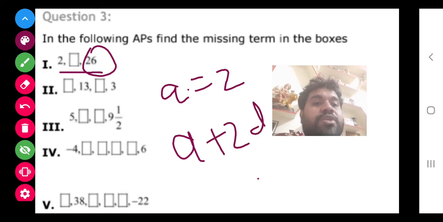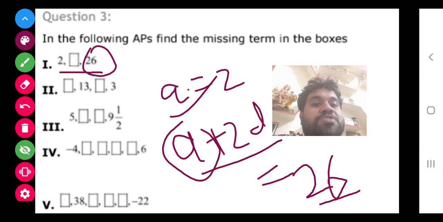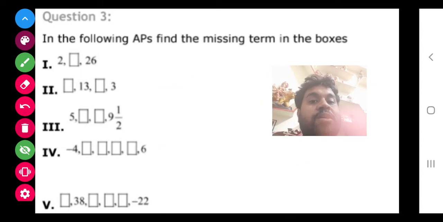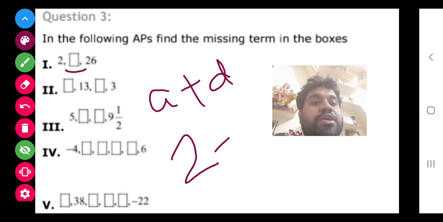So a plus 2d is equal to 26. Now we have a, and we have this equation also. In this equation we will substitute the value of a, we will get d. After getting d, the second term we have to determine, that is a plus d. a is 2, and d you will determine from there, and finally you will get the second term.